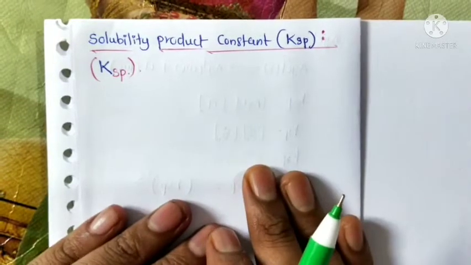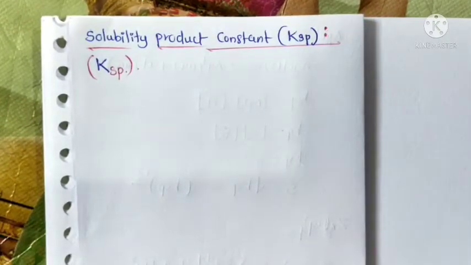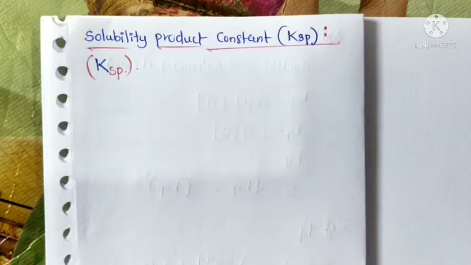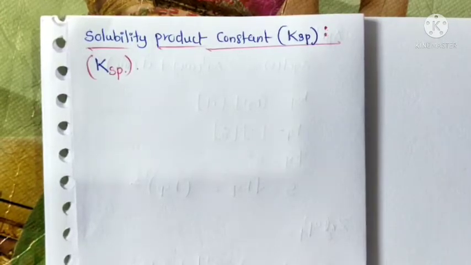And the next use is, if we know the solubility product of a salt, we can determine whether that salt would be precipitated or not. We can determine it by using the solubility product value. That's why we should learn the solubility product of a salt.